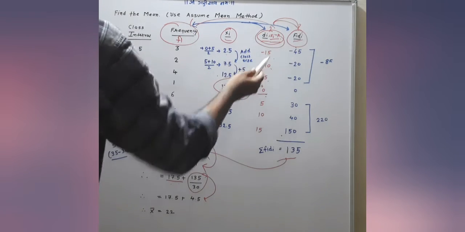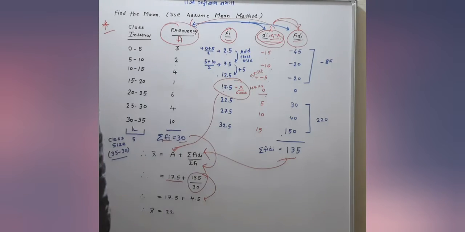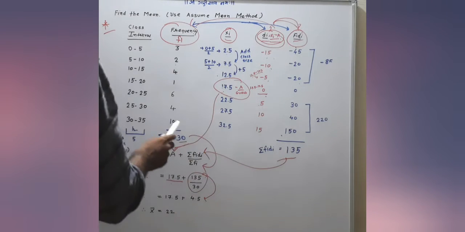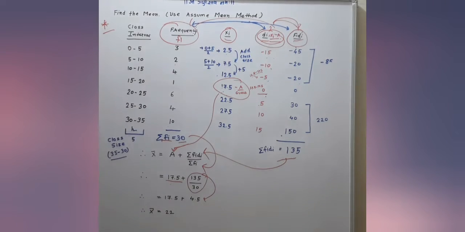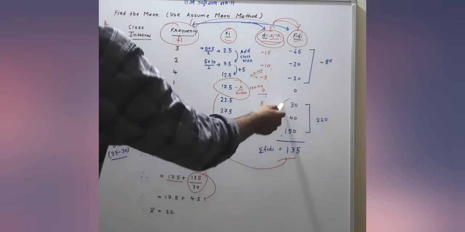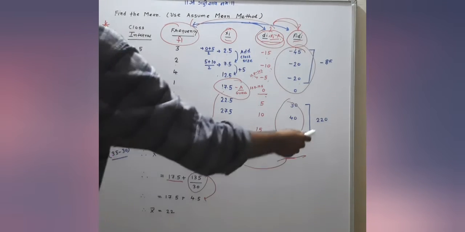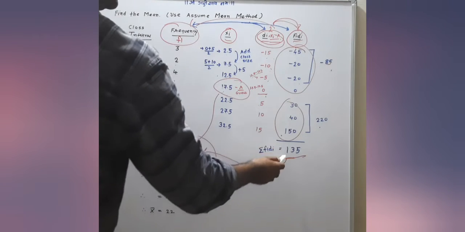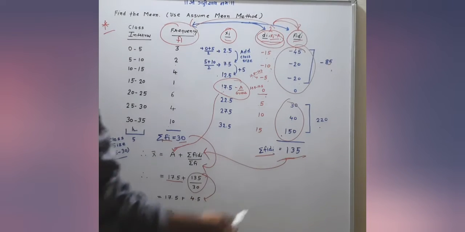So 3 into minus 15 is minus 45, 2 into minus 10 is minus 20, 4 into minus 5 is minus 20, 1 into 0 is 0, 6 into 5 is 30, 4 into 10 is 40, 10 into 15 is 150. And by doing the sum of these, I got 220 minus 85. So I got 135 as sigma fidi.